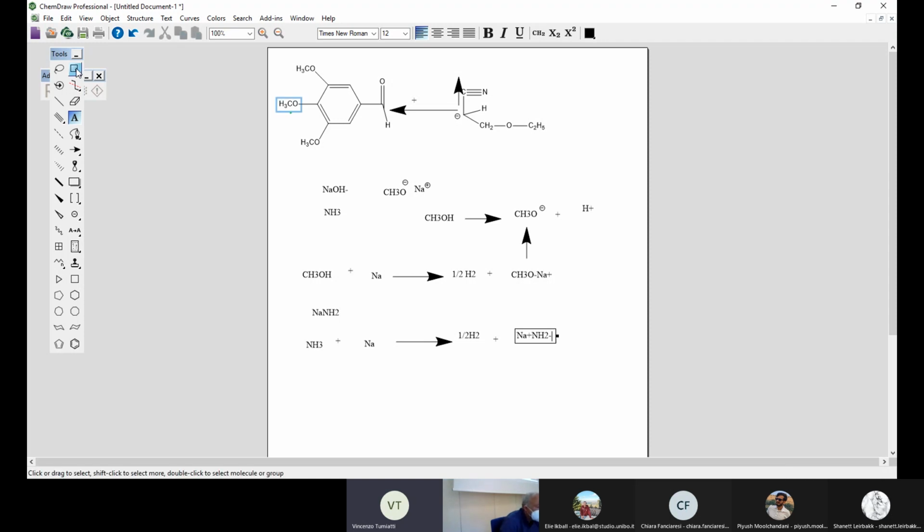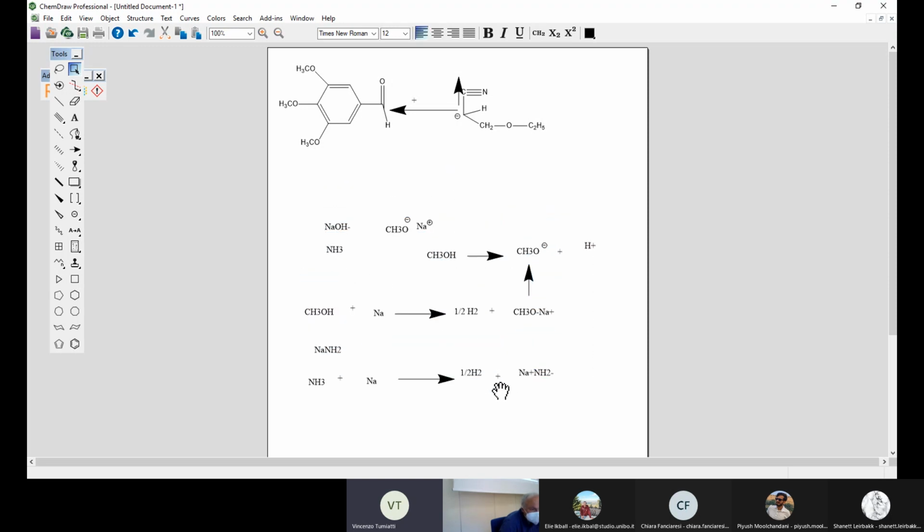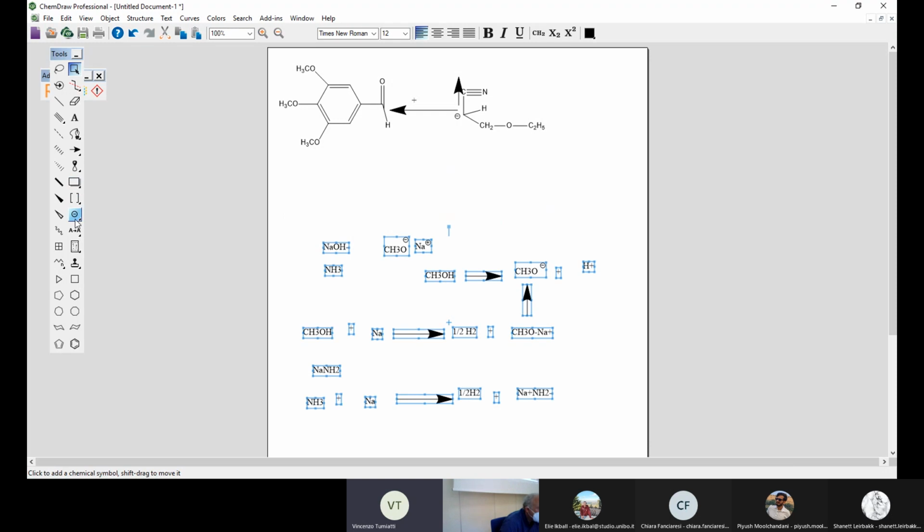This negative charge is able to attack the partial positive carbon atom of the aldehyde function. In this way, it's possible to form a carbon-carbon bond.